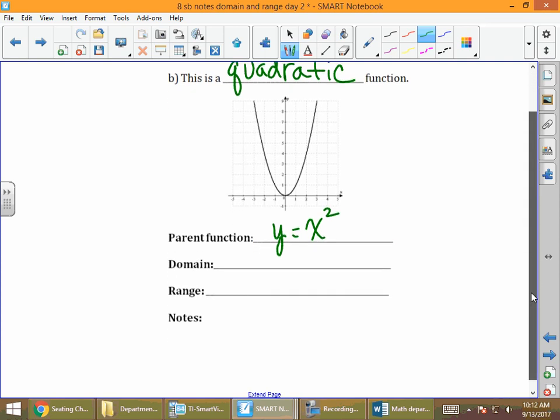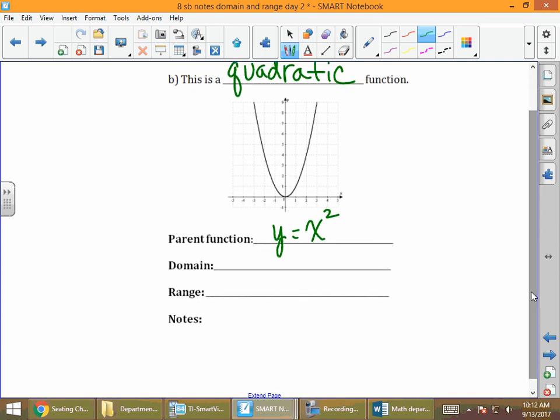But our domain, what we said yesterday, is that our domain of a quadratic, or a parabola here in this case, is negative infinity to infinity. Remember, our graph keeps going up, and as it goes up, it's going out as well. So we need to take into account all of the x values. But our range is not negative infinity to infinity.